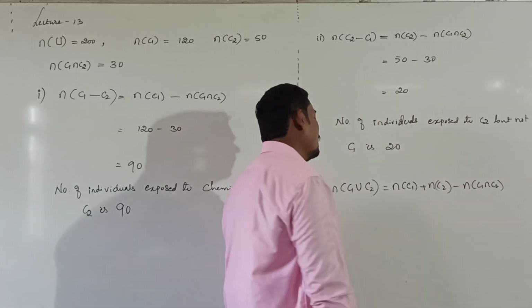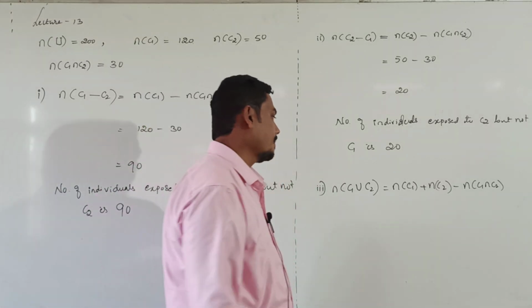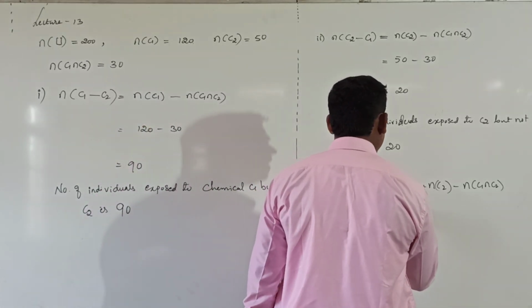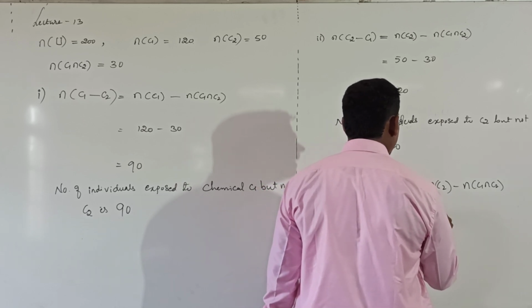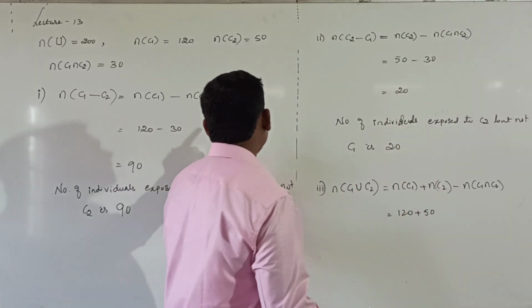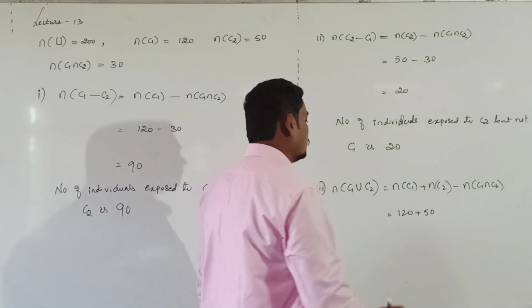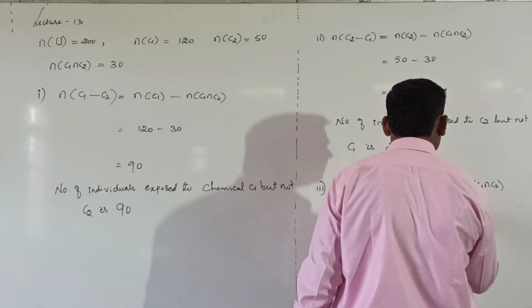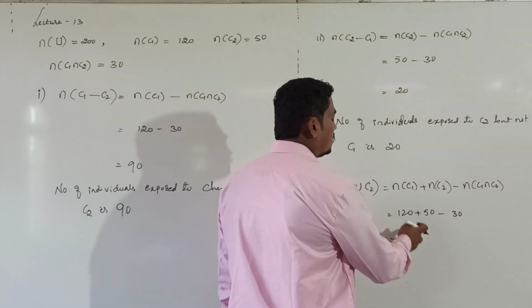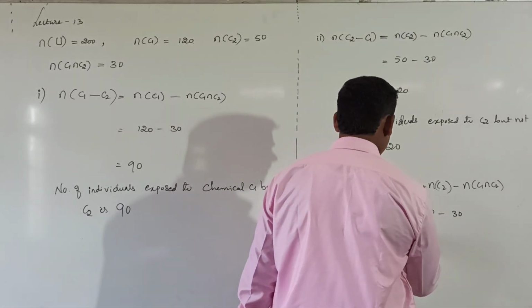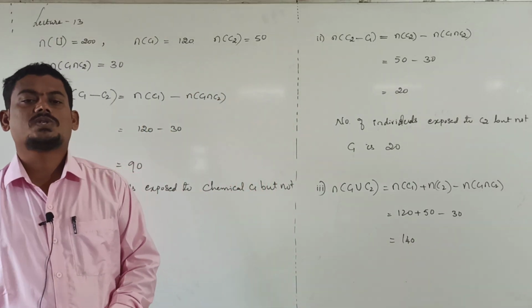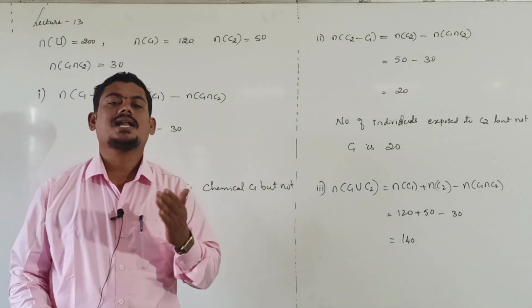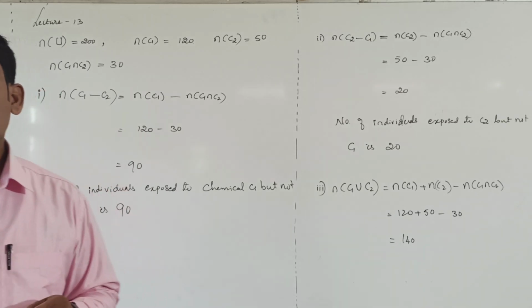It is like the number of elements in A union B. That's equal to 120 plus 50 minus 30, that is 170 minus 30, which is 140. 140 individuals exposed to chemical C1 or chemical C2.